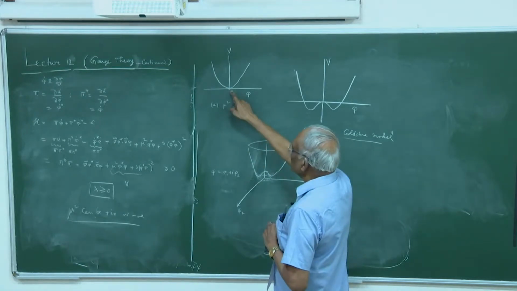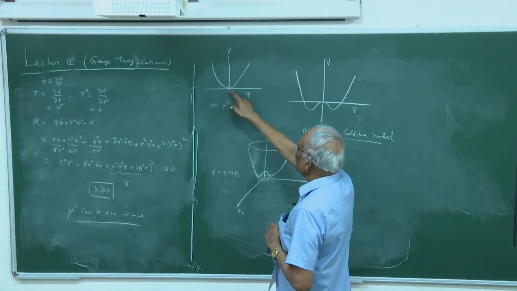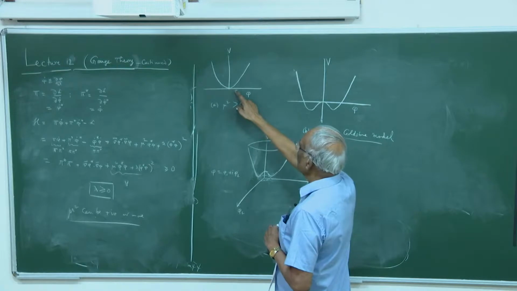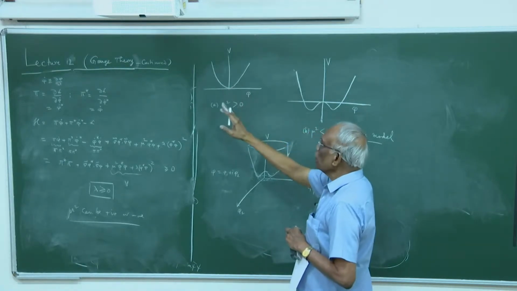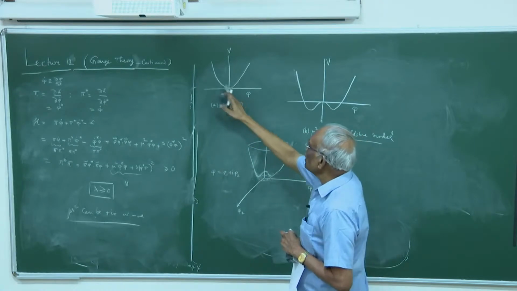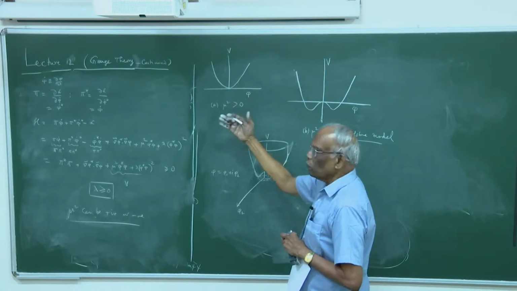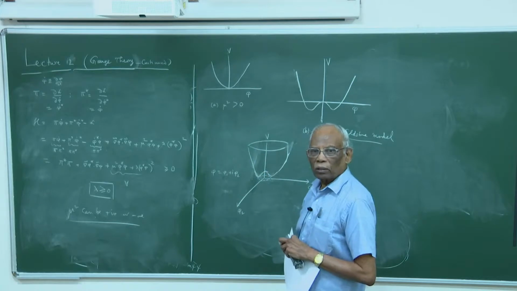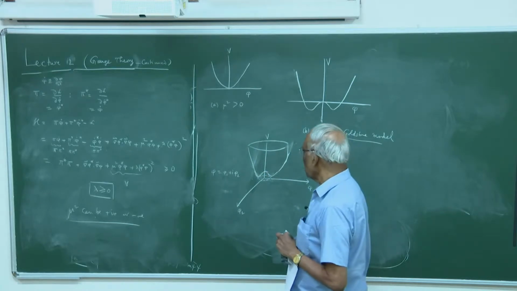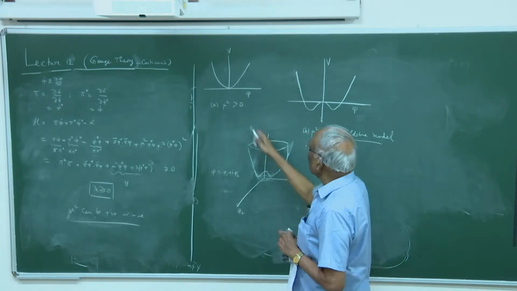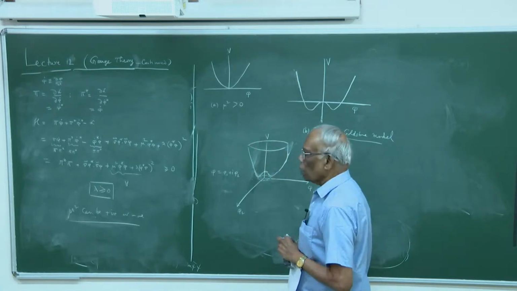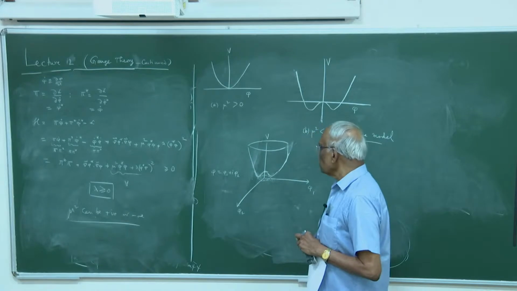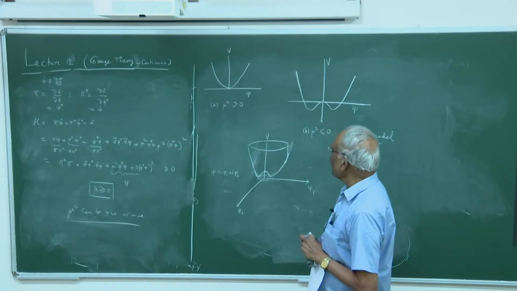Here, in this case, we normally say that the minimum of the potential is the point at which the field is 0, and then we quantize the oscillations around this and get the particle, the quanta. That is how the quanta arrives. But in this case, that symmetrical point cannot be chosen as the ground state of the system.